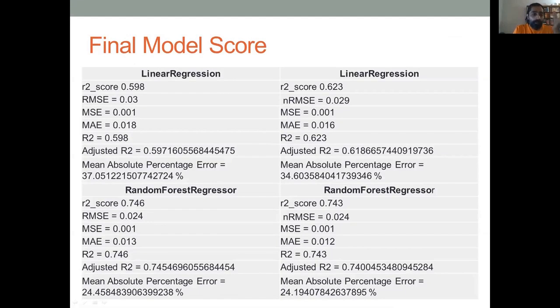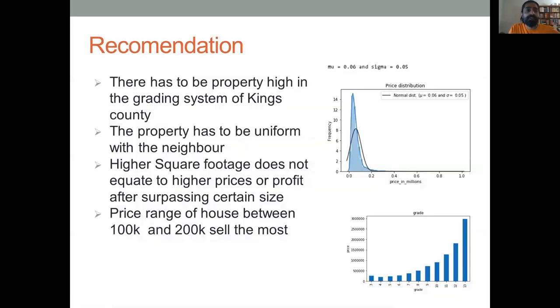So I tried a random forest regressor, where the R square increased to 0.746 and 0.743. As everybody also agrees, linear regression is not the best model for this particular problem, but I would definitely like to explore more on how these things work.